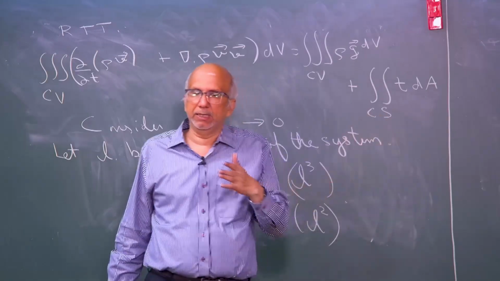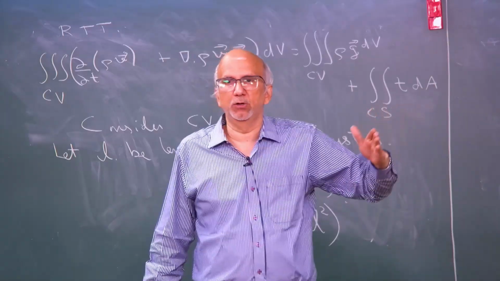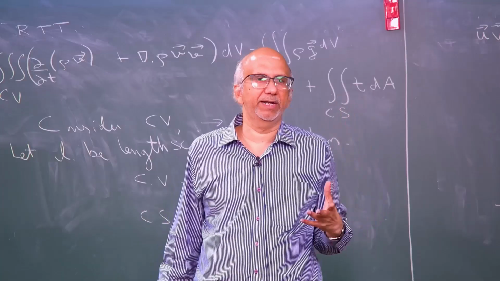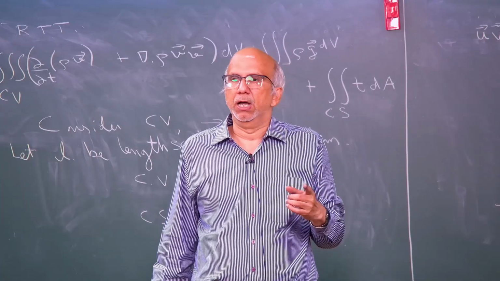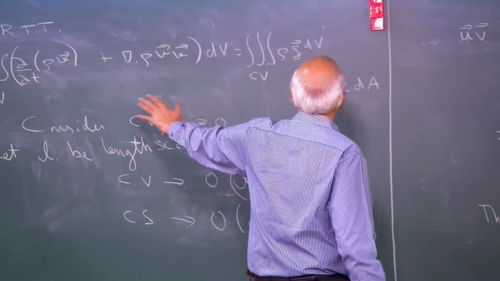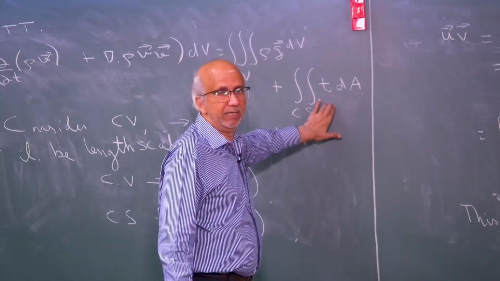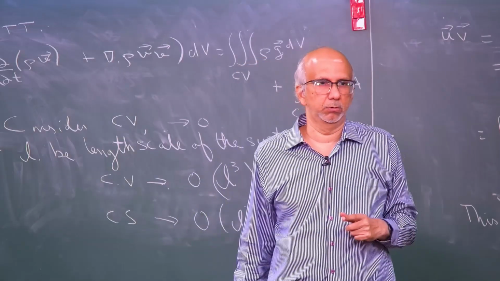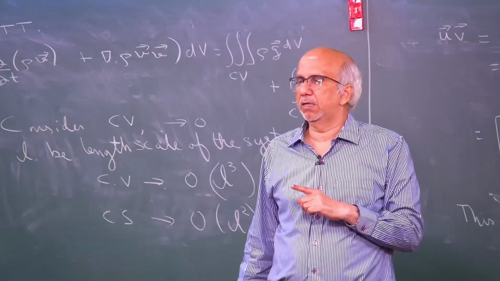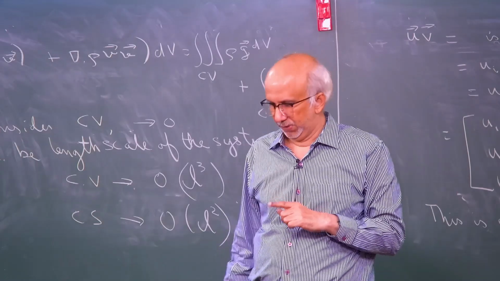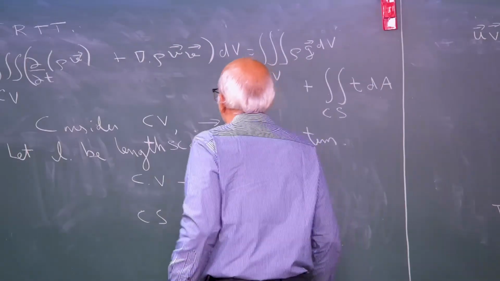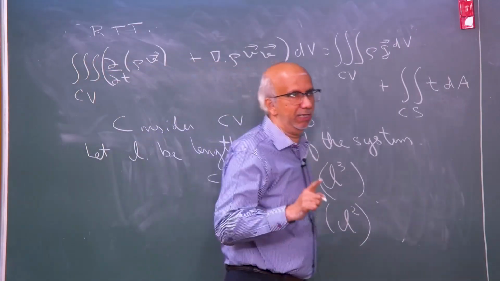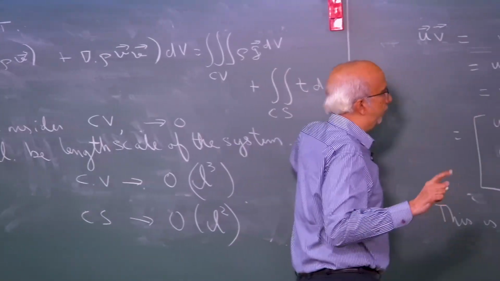Clearly, in the limit of L tending to 0, L cube is going to go to 0 faster, because it is an infinitesimally small quantity. So, all these things are going to be 0. What that means is the integral over the control surface has to go to 0, for any arbitrary control volume. My point is that all these volume integrals are of order L cube, the surface integral is of order L squared.